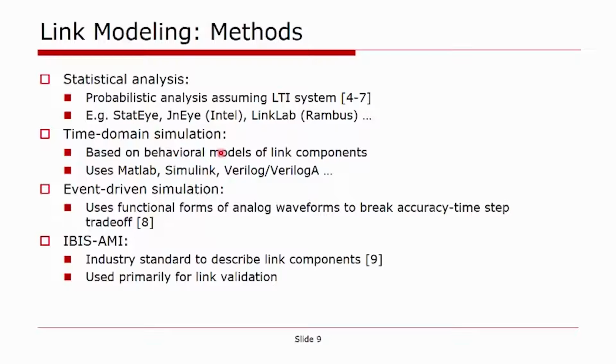And then there are time domain simulation models which use more general behavioral models of the link components and use standard simulation tools like MATLAB to do time domain simulation of the link themselves. And then there are refinements such as event-driven simulation, which help to speed up the simulations without sacrificing too much accuracy. And finally, there are industry standard models that are used to abstract the link components so they can be shared by different vendors to do end-to-end link validation.